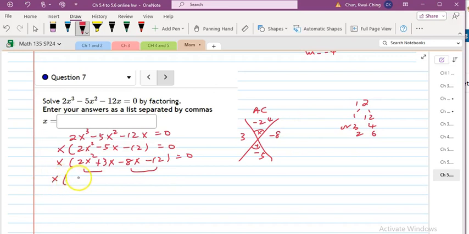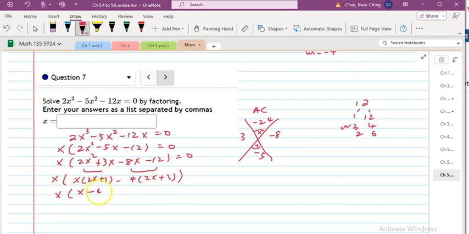x is still outside, so that would be x(2x plus 3) minus 4(2x plus 3). It is plus 3 because 12 divided by negative 4 is positive 3. Both of them are multiplying 2x plus 3, but this is x and this is 4.